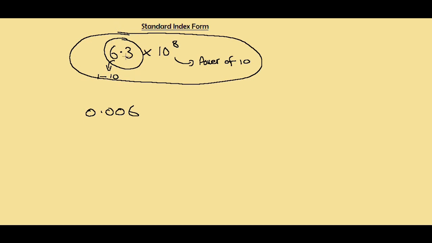So the first number needs to be between 1 and 10. So if we look at our example here, 0.006, where do I need to put the decimal point so that the first number here would be between 1 and 10? Well, hopefully you realise that it needs to go here, because that's 6.0, or just 6. So that's fine. And then we've got times 10 and the power.